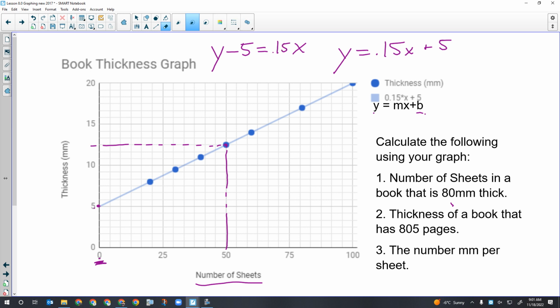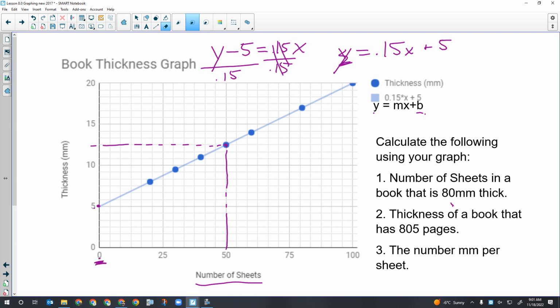Okay, I want to get x by itself. What do I do with the 0.15? Divide it. I do the opposite. Right now I'm multiplying 0.15 times x. If I want to move it to the other side, I perform the opposite operation. Okay, so I'm going to move that over here. Okay, am I solving for x?